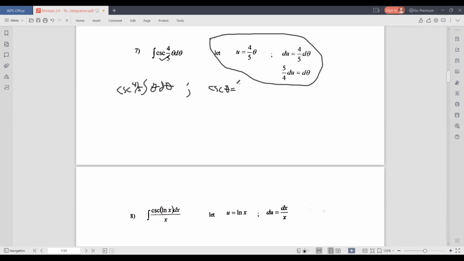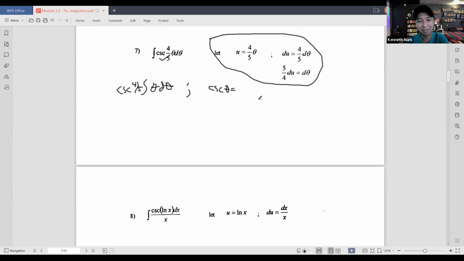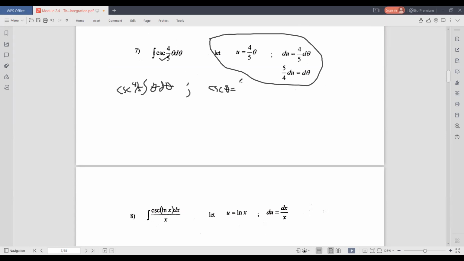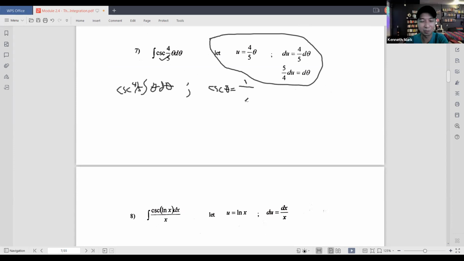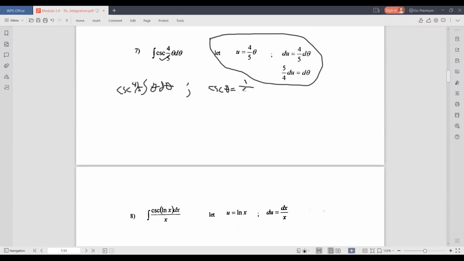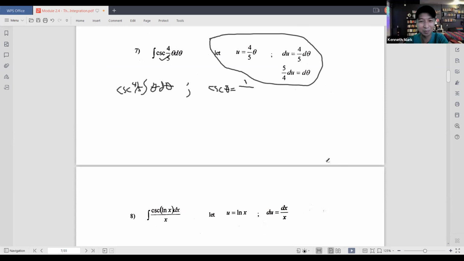Oh, Kian. Ano itong trigonometric functions for cosecant theta? Equivalent siya sa 1 over sine or cosine? Sine. Sine theta, no?